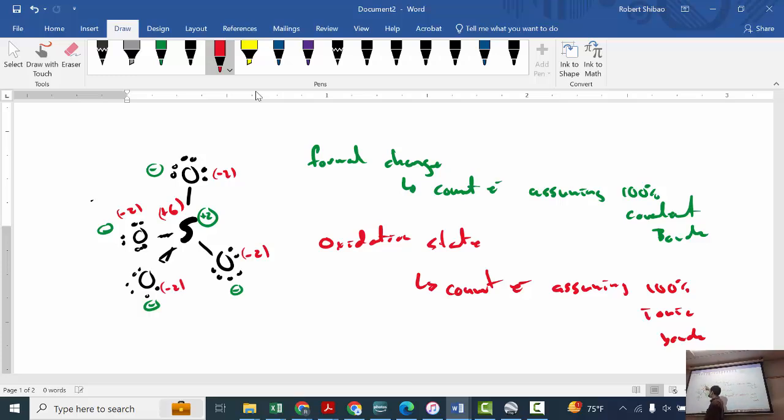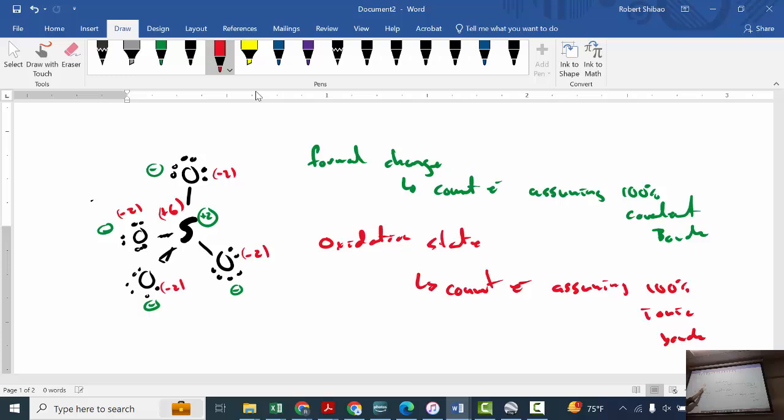So if I look at this oxygen here, for formal charge, we assume 100% covalent, that is sharing. And so there are 2 electrons in this bond here. If they're shared 50-50 equally, then 1 electron goes to the oxygen, the other electron goes to sulfur.